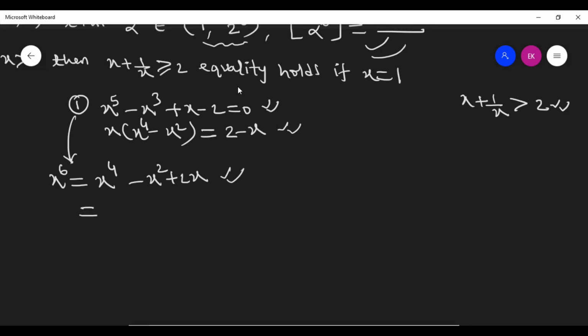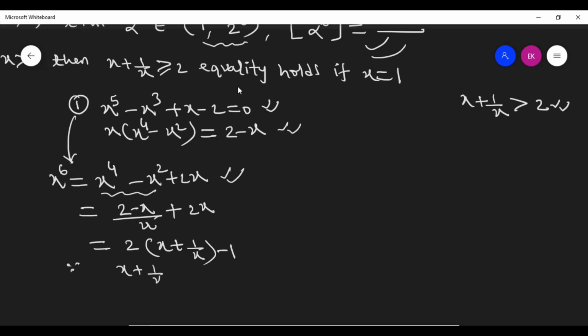We can write this term as (2 minus x) upon x plus 2x, and it comes out to be twice of (x plus 1 upon x) minus 1. Since x plus 1 by x is greater than 2, the whole expression on the RHS is greater than 3. That is, x to the power 6 is greater than 3.